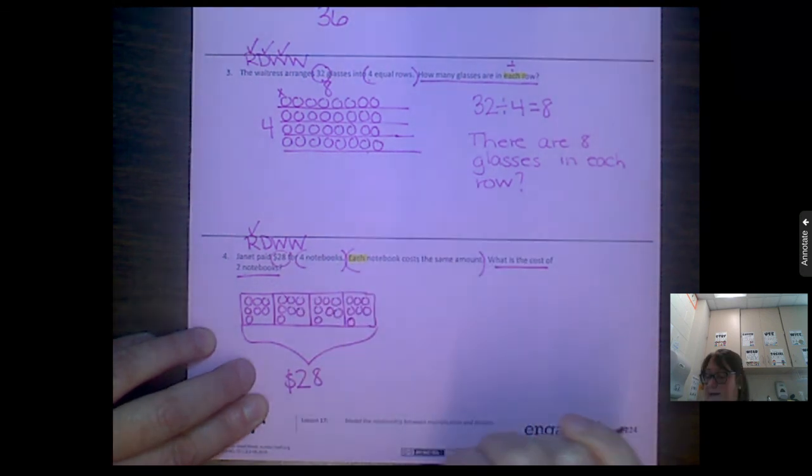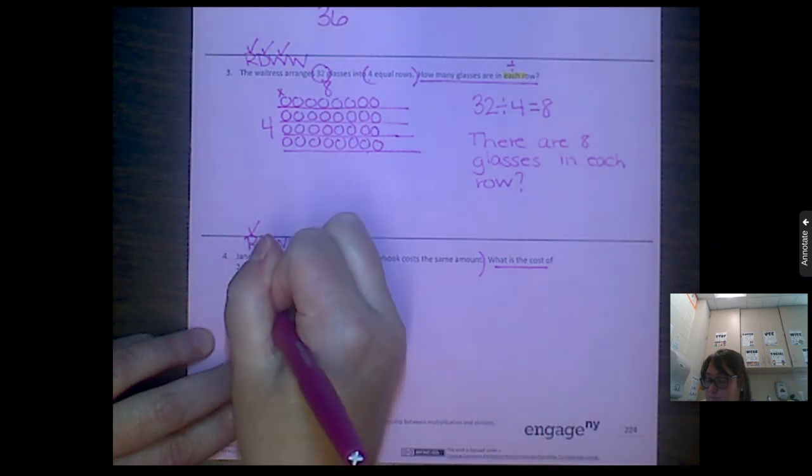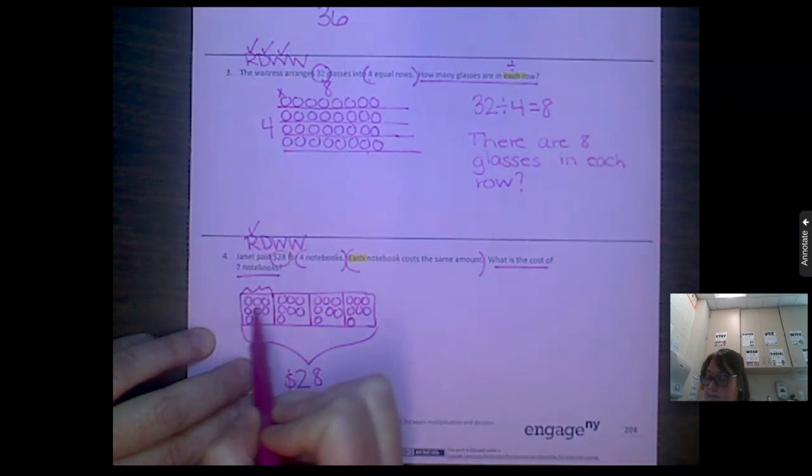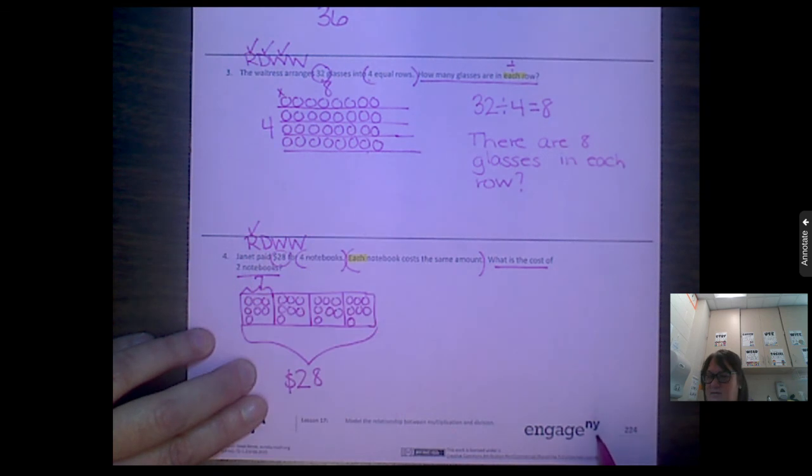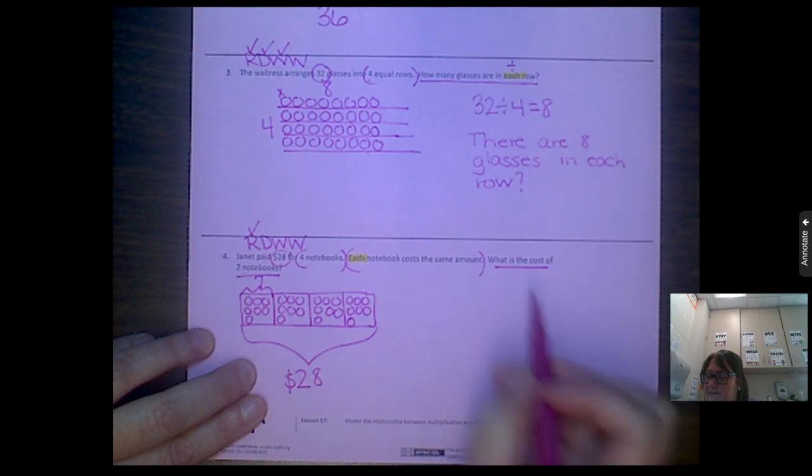How many do I have in each group? 7. There's 7 in each group.